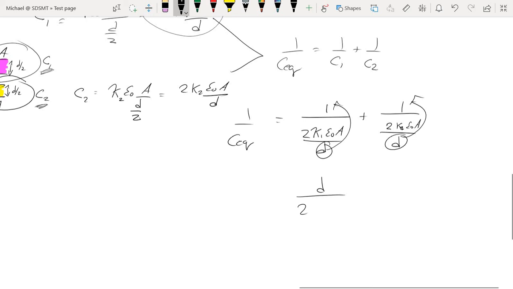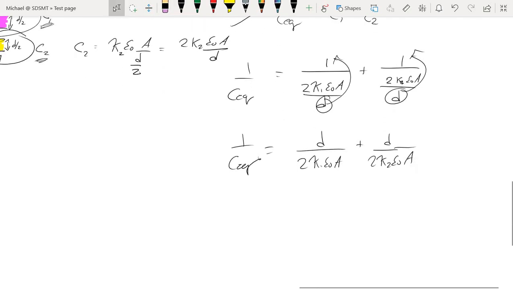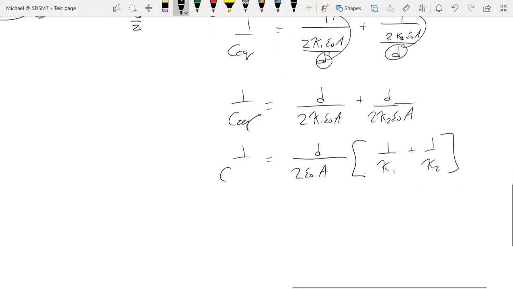So we have d over 2 kappa 1 epsilon naught A plus d over 2 kappa 2 epsilon naught A. There's a lot of common terms in each. We can factor out d over 2 epsilon naught A from each, and we're left with 1 over kappa 1 plus 1 over kappa 2 equals 1 over the equivalent.